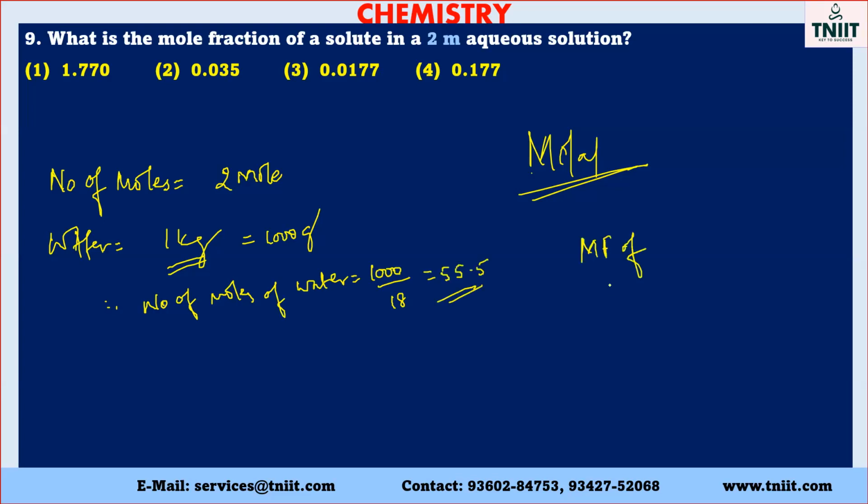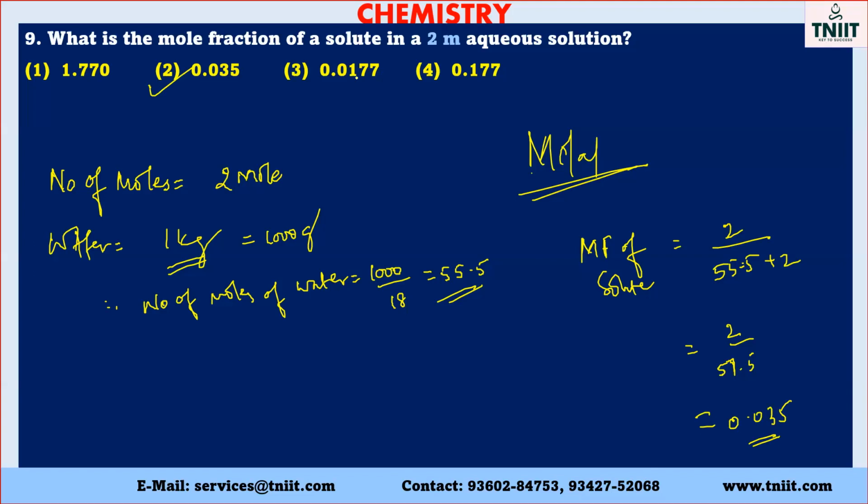Mole fraction of the solute will be equal to number of moles of solute, 2, divided by 55.5 plus 2. That is 2 divided by 57.5. On simplification, we will get the answer to be 0.035. Hence, the answer for this question is option 2.